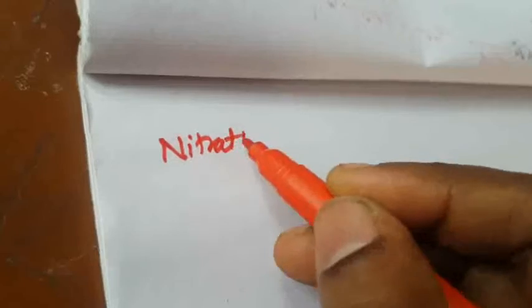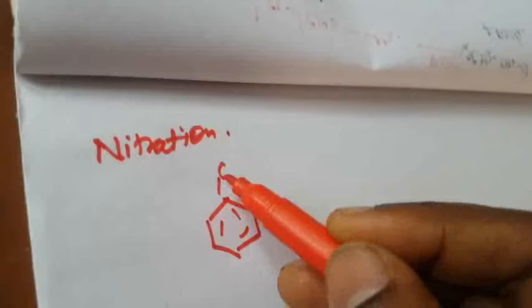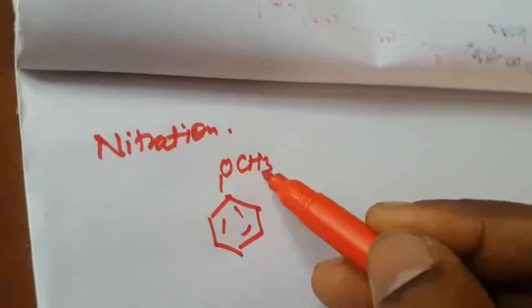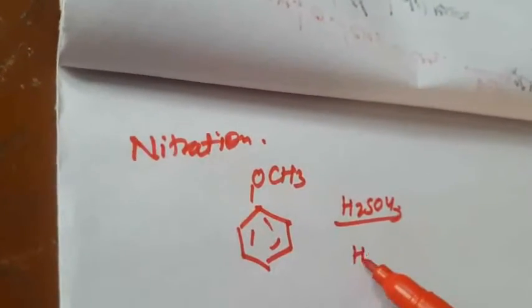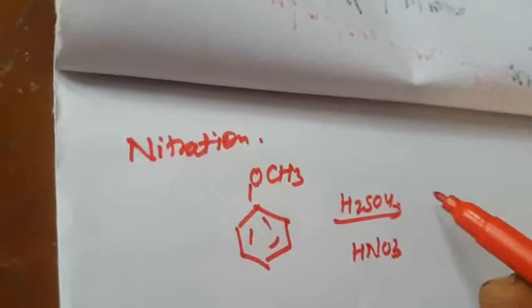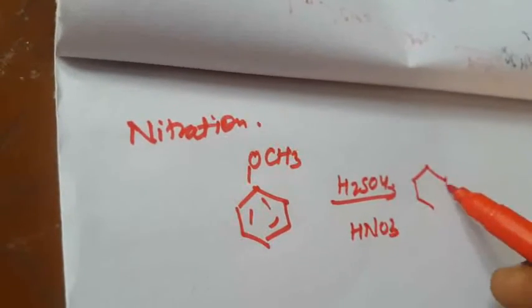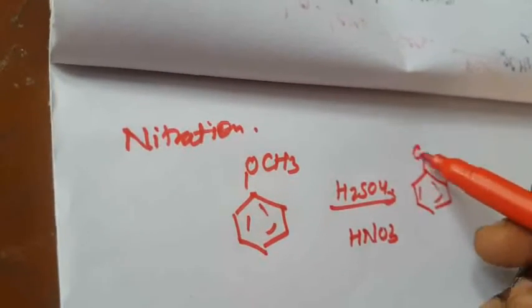So next one is nitration. What is meant by nitration? Again anisole, OCH3, when reacted with sulfuric acid and HNO3, forms ortho and para nitro anisole.